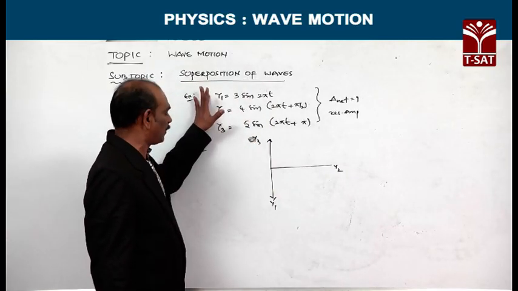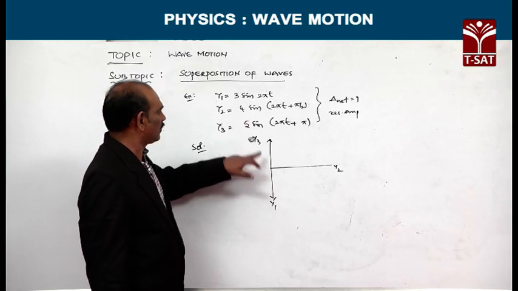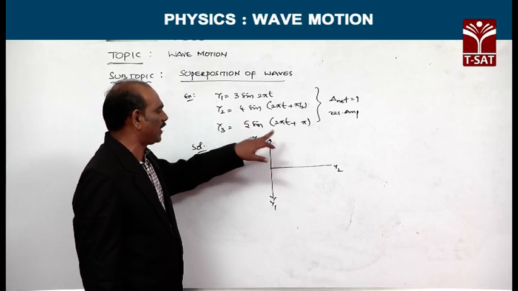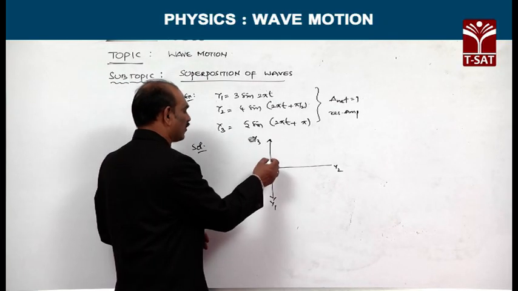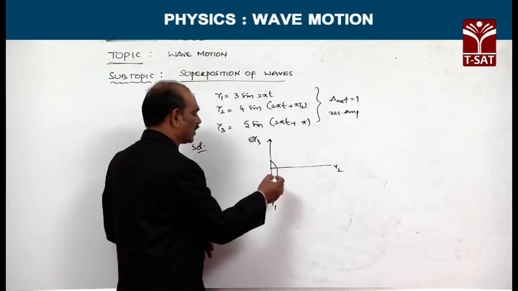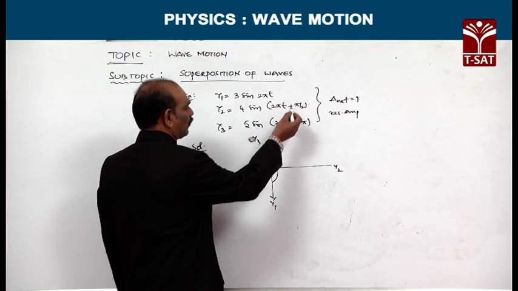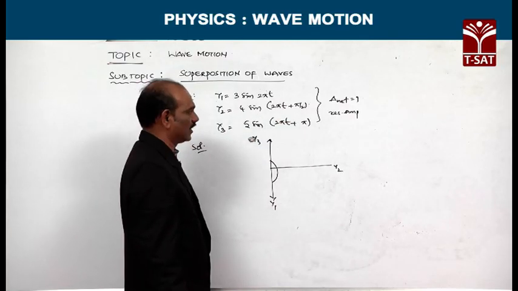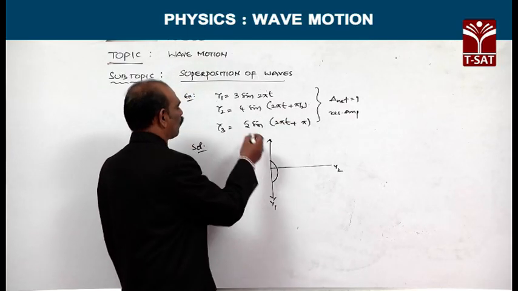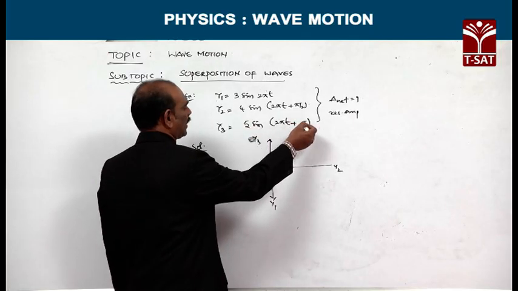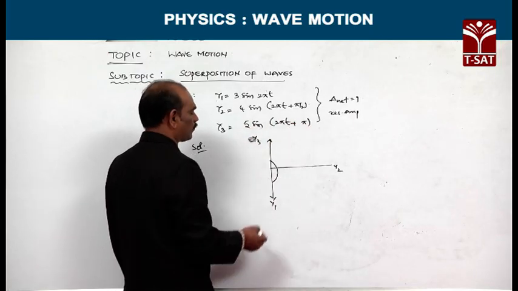If you represent y1 along this, y3 would be in the upward direction, because between y1, y3 the phase difference is pi radians. Between y2, y3 the phase difference is again pi by 2 radians. So y3 is 5 sin 2 pi t plus pi.